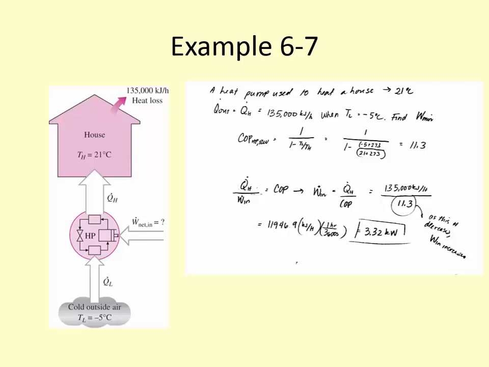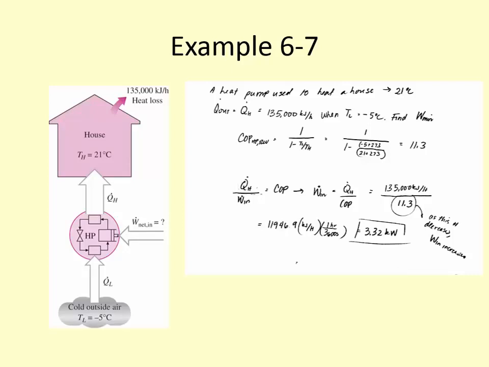So we calculate our coefficient of performance to be 11.3. So this is telling us, okay, best case scenario, this will be our coefficient of performance. We want to know the minimum power requirement.